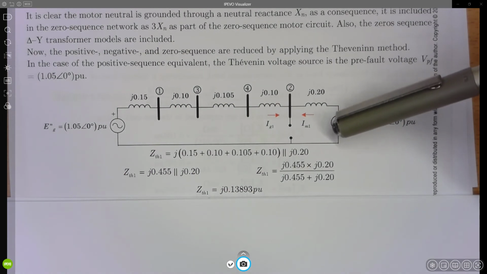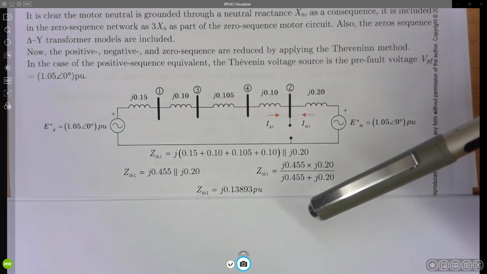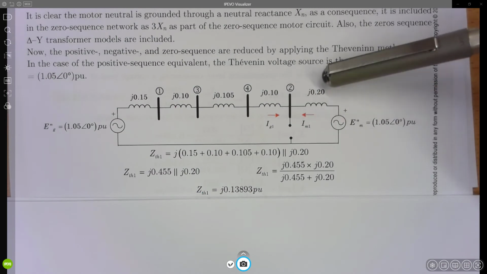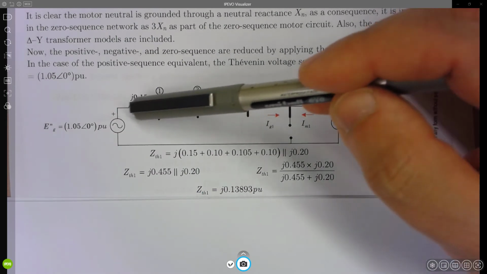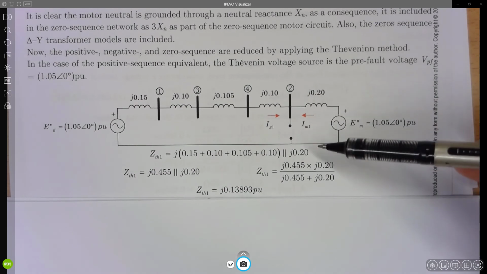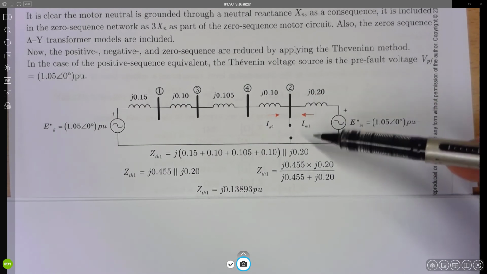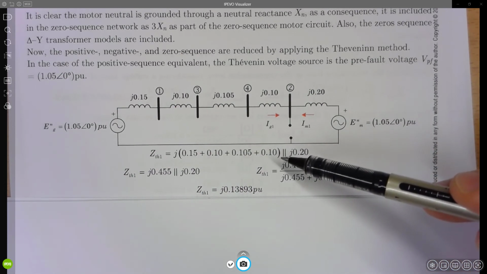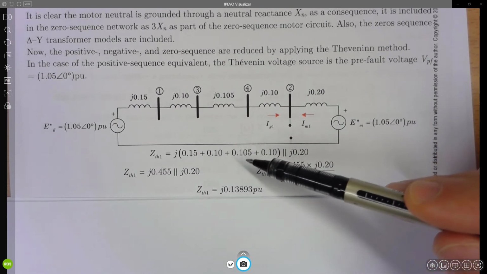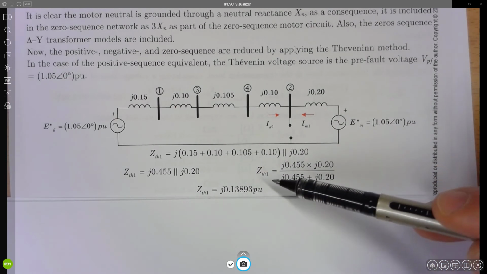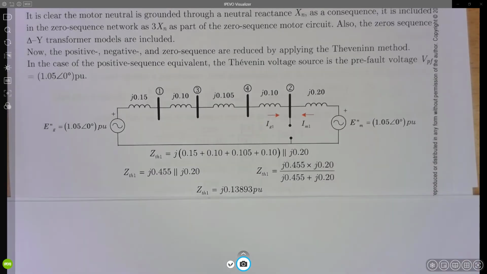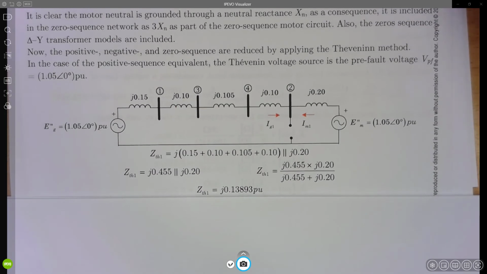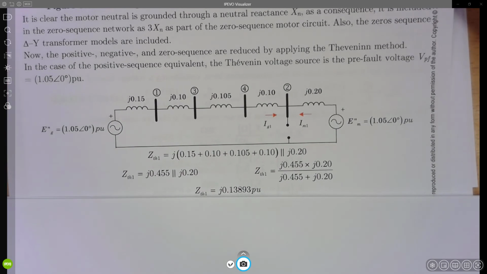If we assume this generator is switched off and this generator is switched off, you will see that 0.20 is in parallel with this series. And that is what I am writing here. This 0.20j is in parallel with this big series connection. And that is the reason that we are adding all those reactances. And we calculate over there the Thevenin impedance at bus bar number 2 for positive sequence, okay?